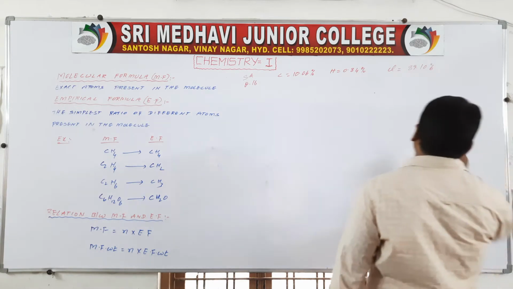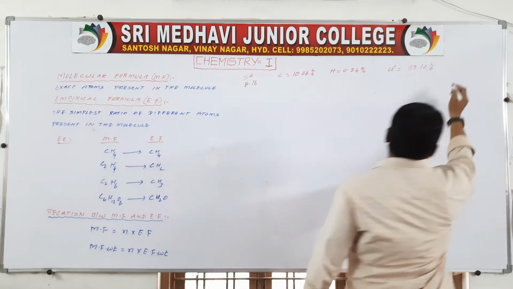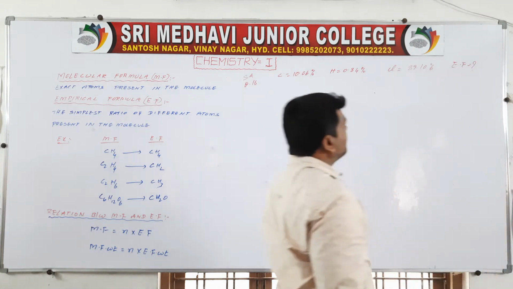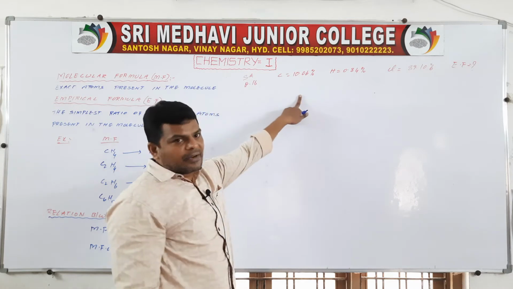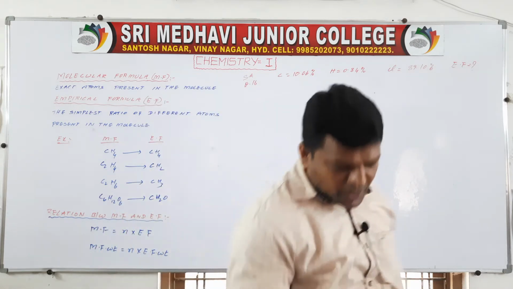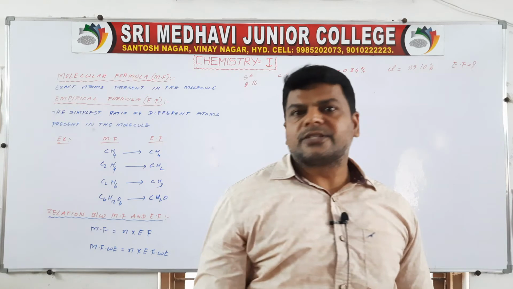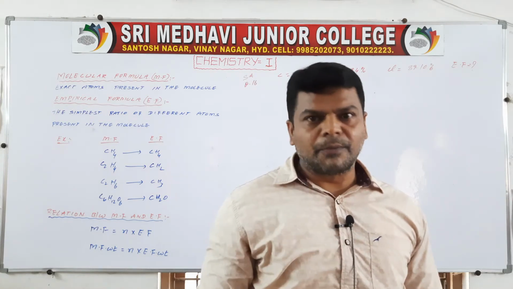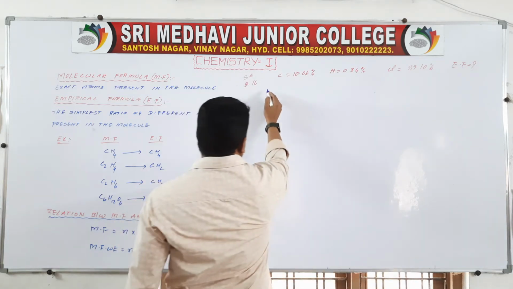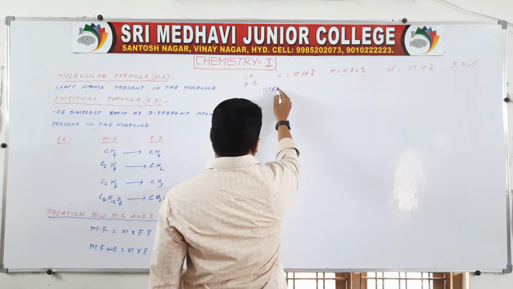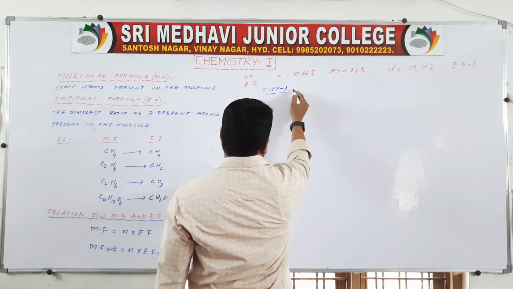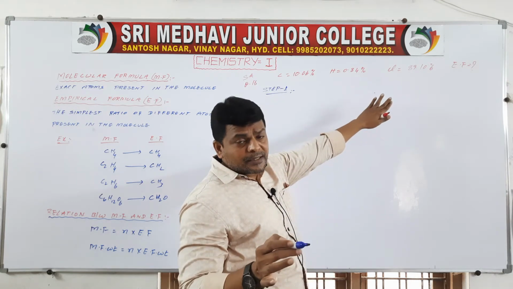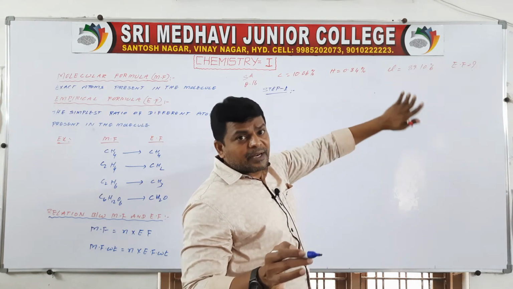So empirical formula we have to calculate. This is the given data. This problem we can solve in 4 steps. Each step carries 1 mark, so it is a 4 marks problem. In step 1, write the given composition of the elements.